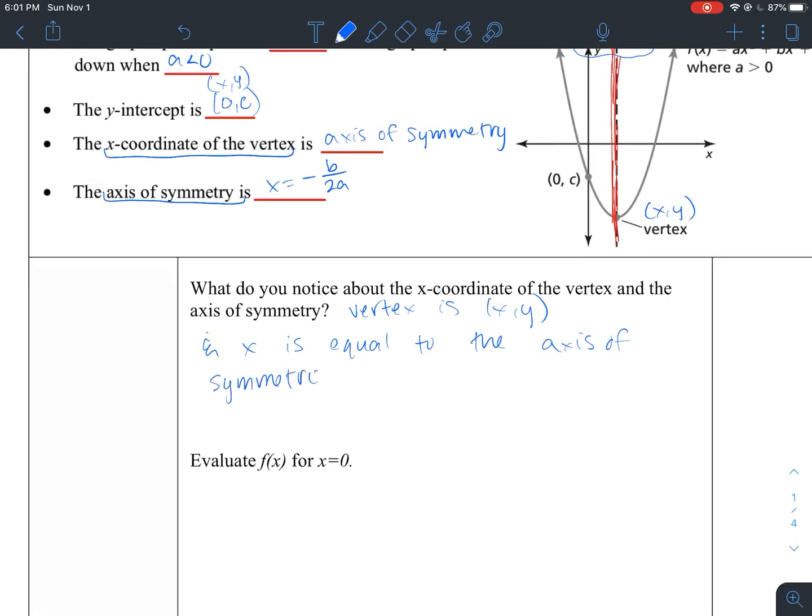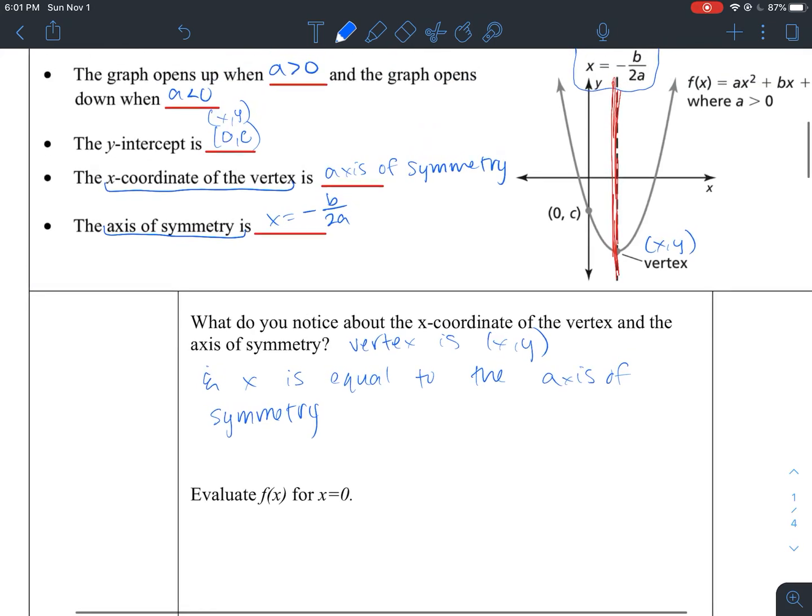We already talked about this a little bit last time, but the x-coordinate was always 0 and the axis of symmetry was always at x equals 0 because we were always on the y-axis. This time we are not on the y-axis. So pretty much this is the vertex of x comma y.